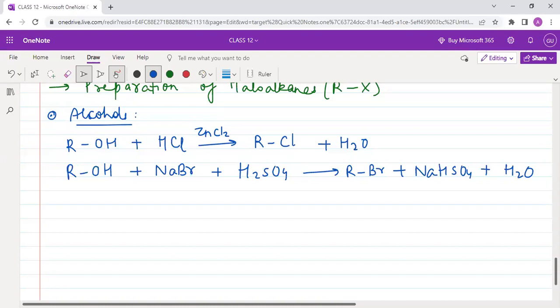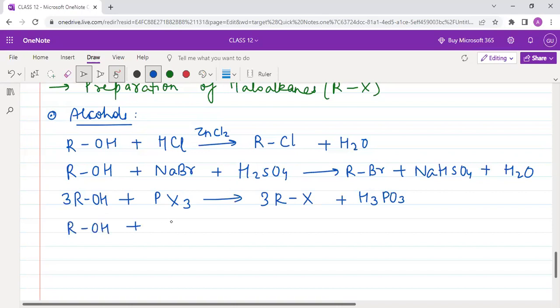Next, we can have phosphorus trihalide. So 3ROH plus PX3, that means it is trihalide, will form 3RX plus H3PO3. Next reaction we can have with phosphorus pentachloride, PCl5.